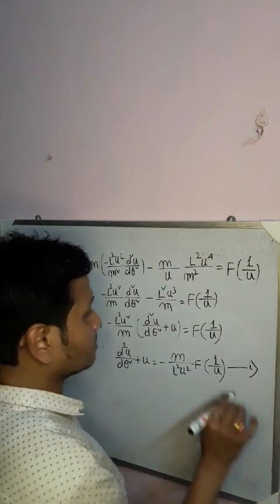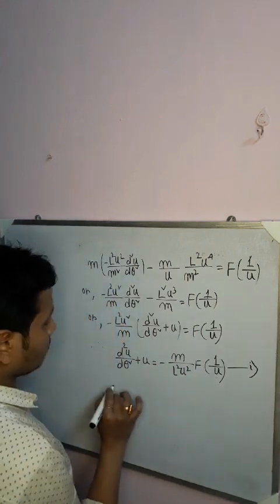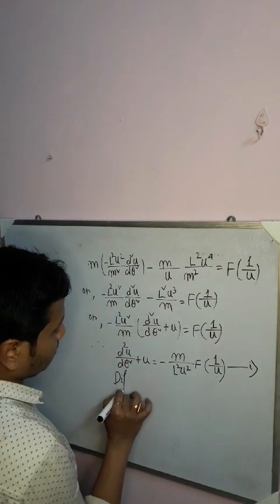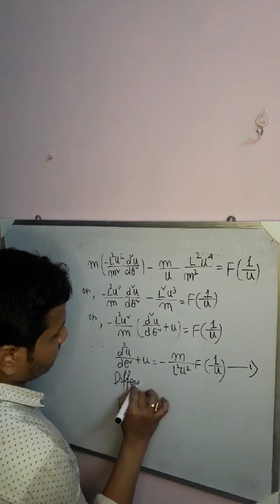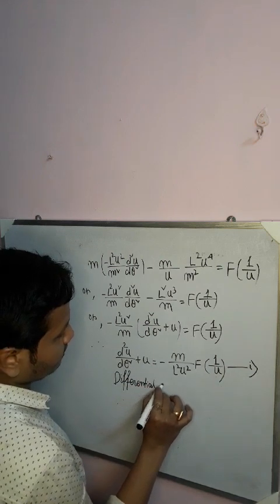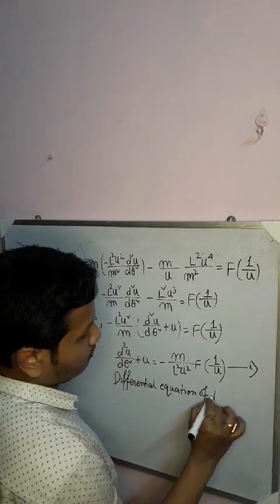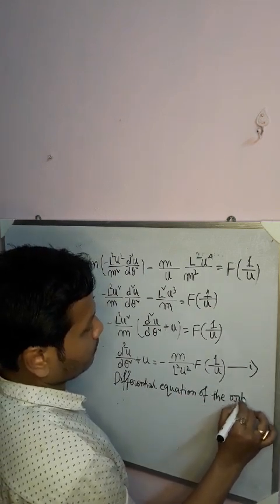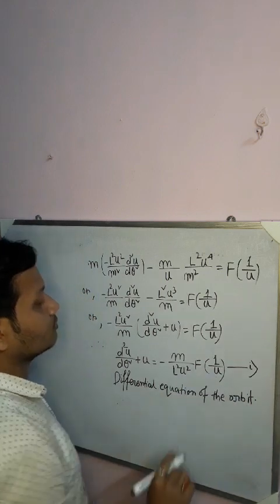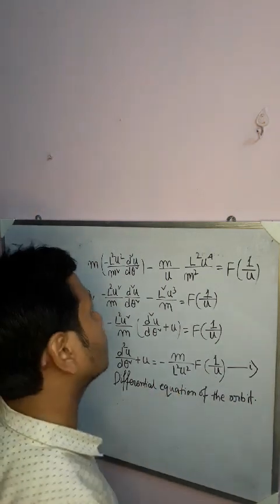So this represents the differential equation of the orbit. Okay, so this is what this equation represents, the differential equation of the orbit. So differential term is involved here, and there is no r term.